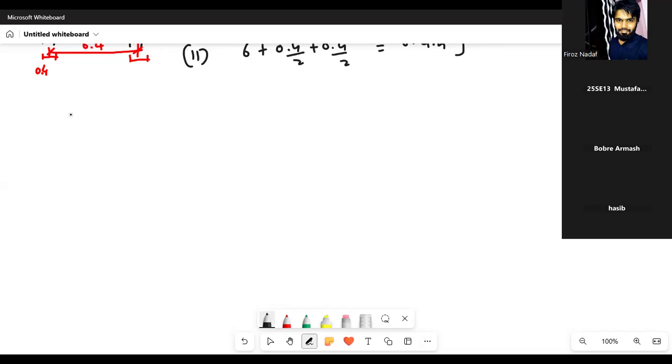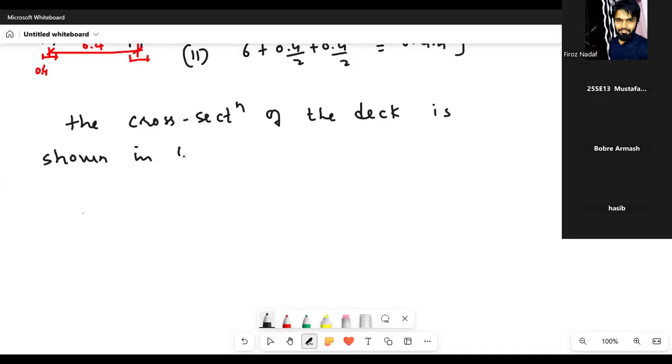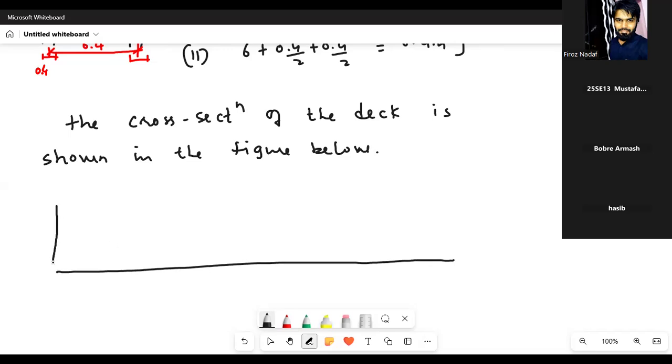The cross section of the deck, also known as slab, is shown in the figure below. So this is how the diagram will be, the cross section of the slab or cross section of the deck.